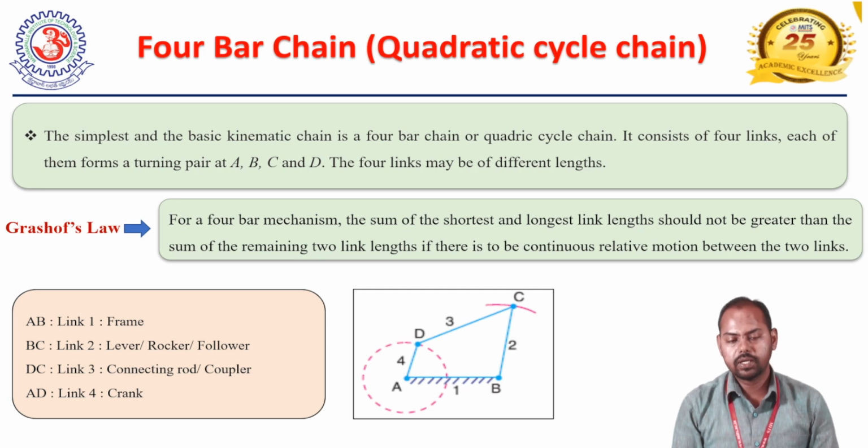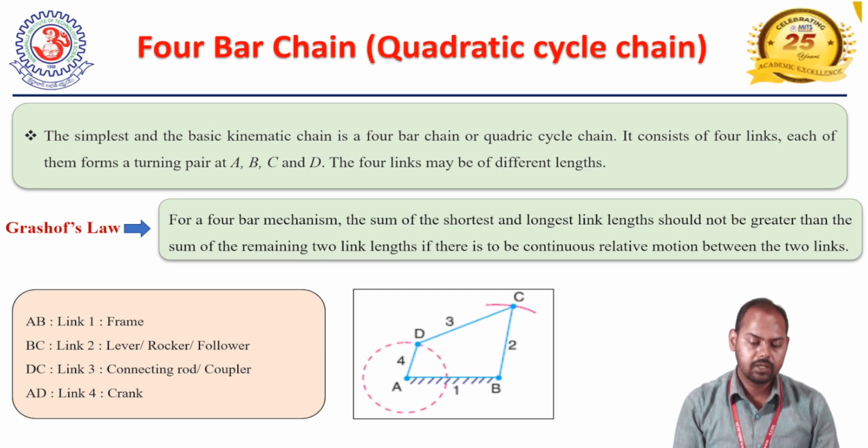In this 4-bar chain, if the crank is rotating, then link BC, which is the follower, oscillates. So there is one complete rotation and one oscillation motion associated with BC.